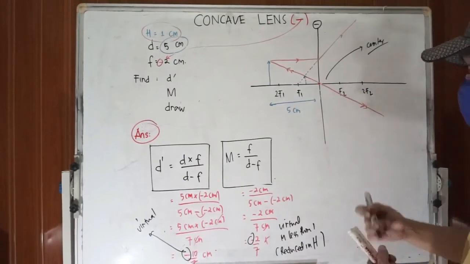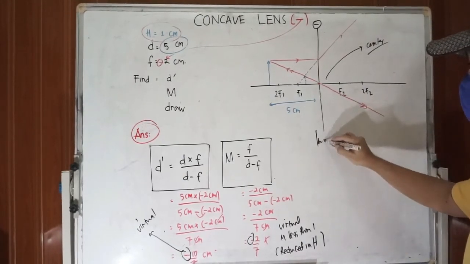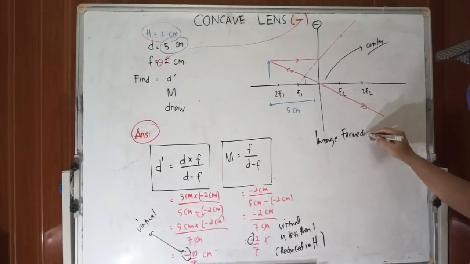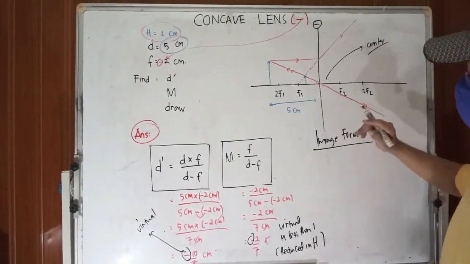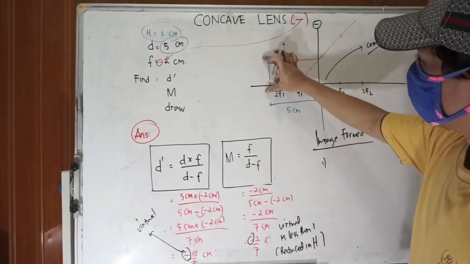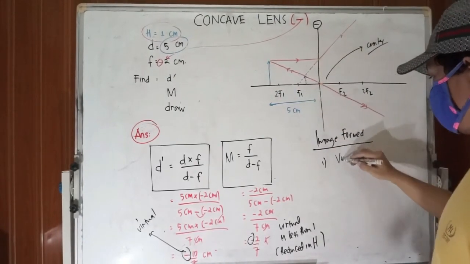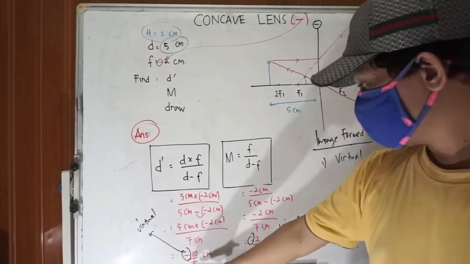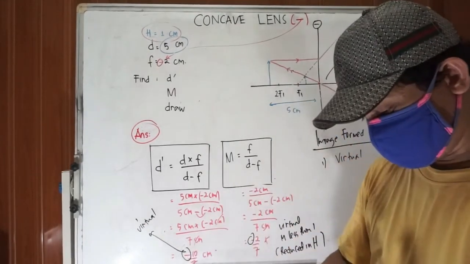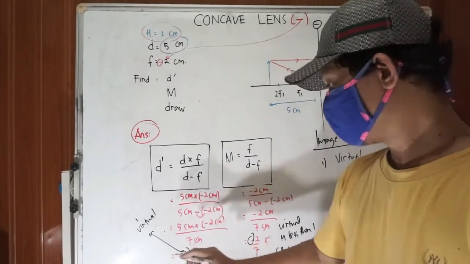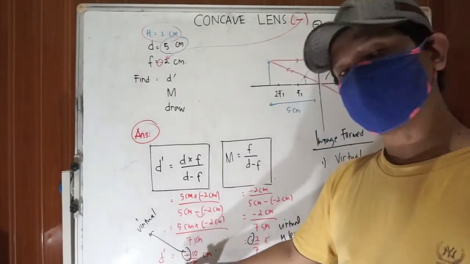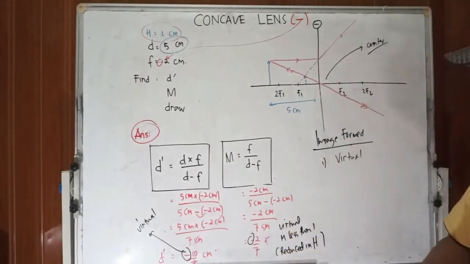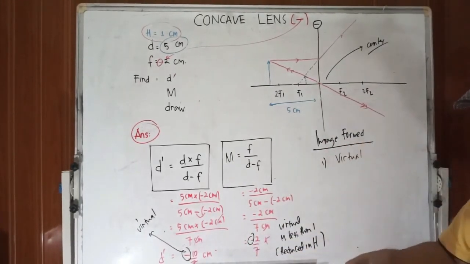So what about the image formed? The image formed: number 1, real or virtual? Virtual. Check the calculation. The image distance is negative and M is negative, so the image formed is virtual.